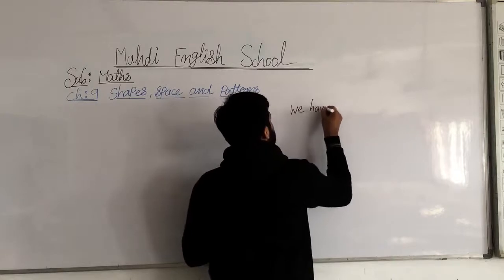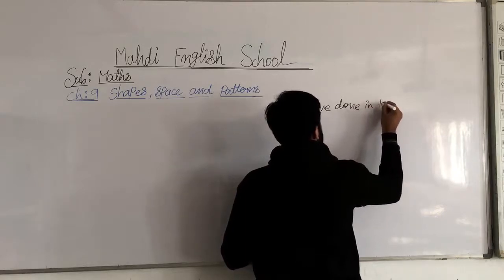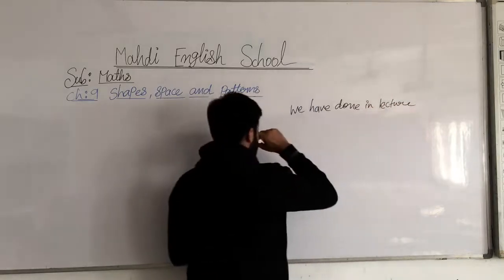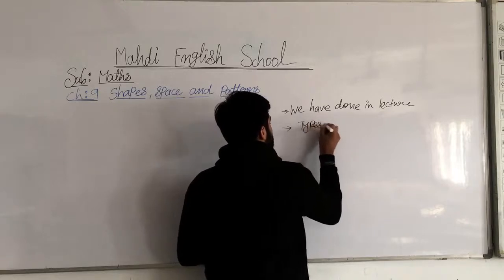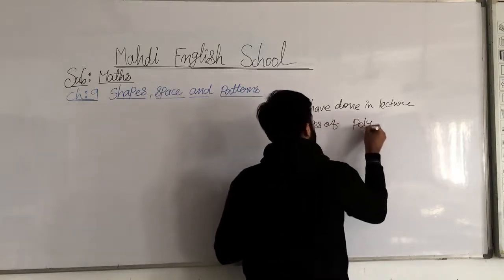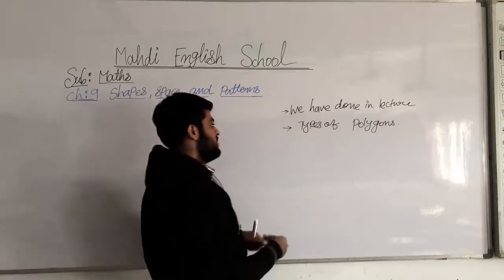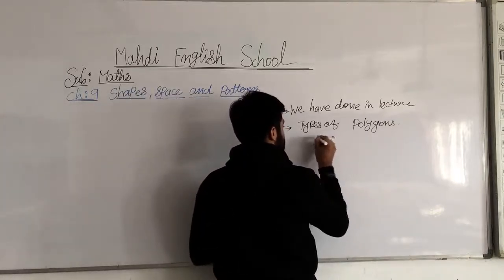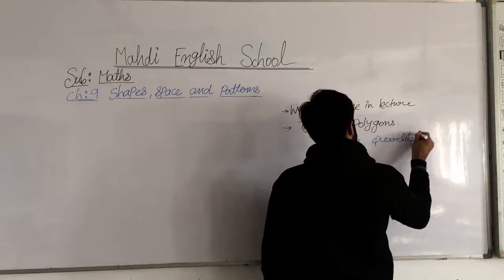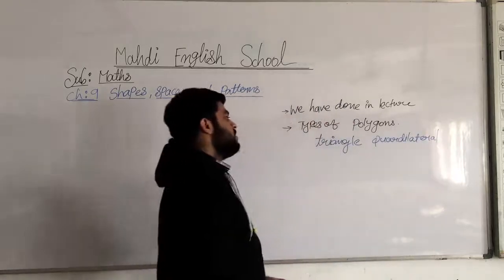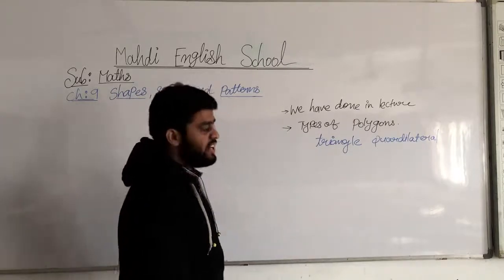We have done types of polygons, a triangle and a quadrilateral. These both types we have done yesterday.